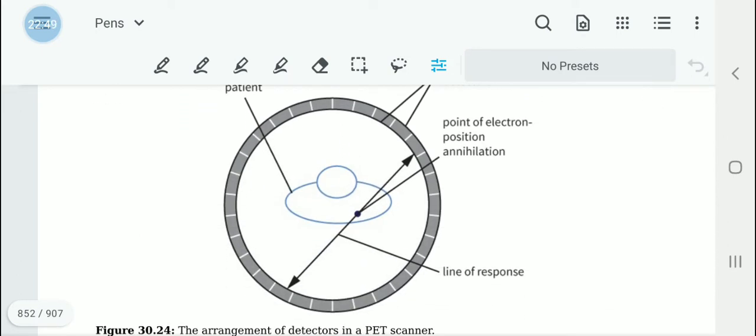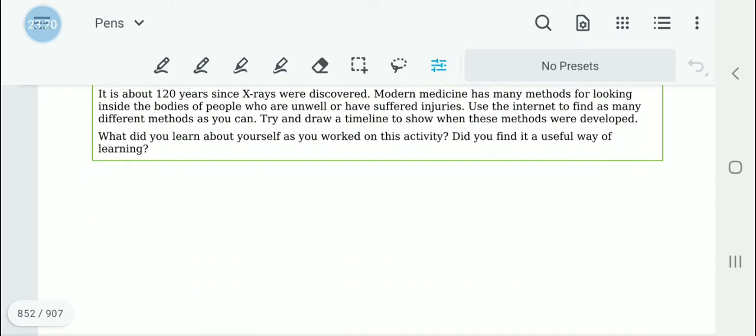The dual direction through which the two gamma ray photons travel is known as the line of response.